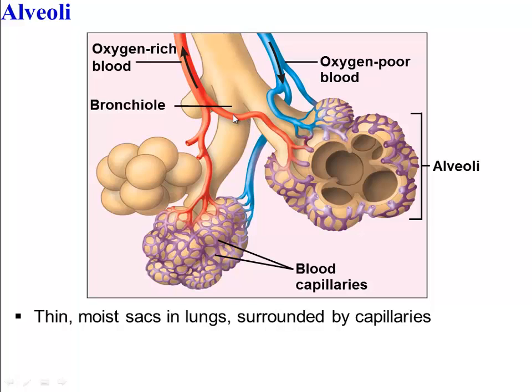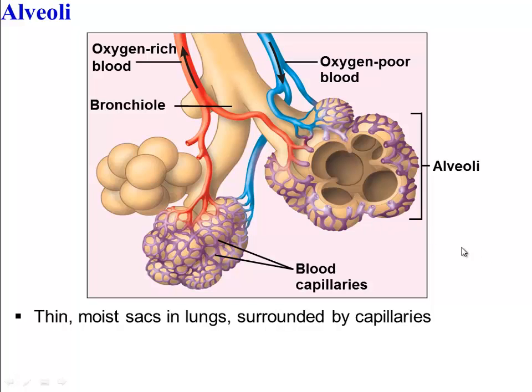And then the blood will head off back to the heart to enter the systemic loop. Meanwhile, oxygen-poor blood, which is high in carbon dioxide, will come into the capillaries, and carbon dioxide will diffuse from the capillaries through the thin walls and then into the alveoli, and then the lungs will take the CO2 out.